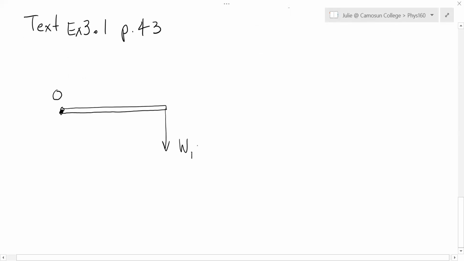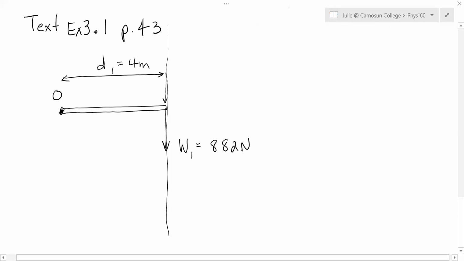So that is a force due to the force of gravity of that person. And that person has a weight such that it's 882. And in their diagram, they draw the weight up here. I'm not sure why. It doesn't matter. Remember, it's the line of action that counts. You can put that force anywhere you want on this line of action. And it tells you how far away this is. This is already a perpendicular distance. So that's D1, which is 4 meters.